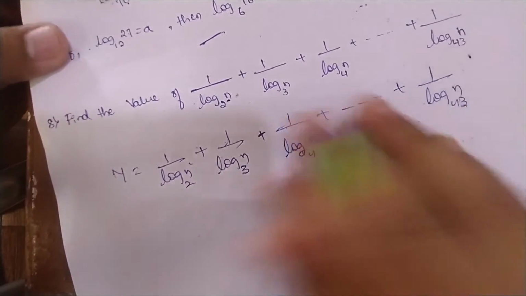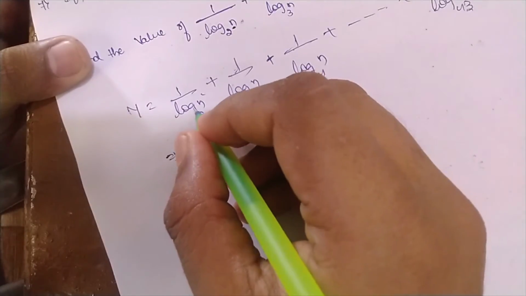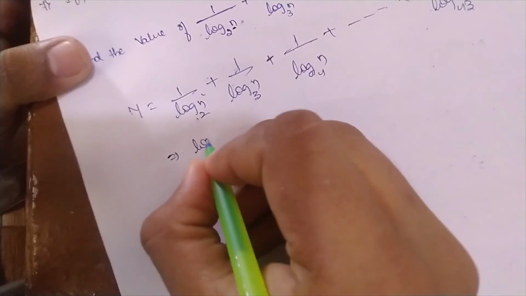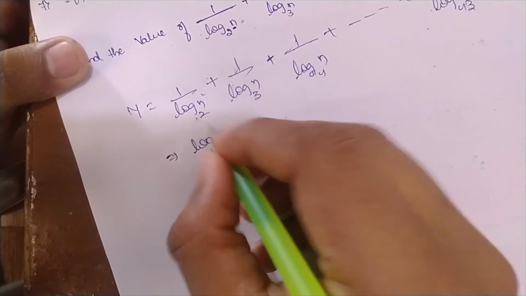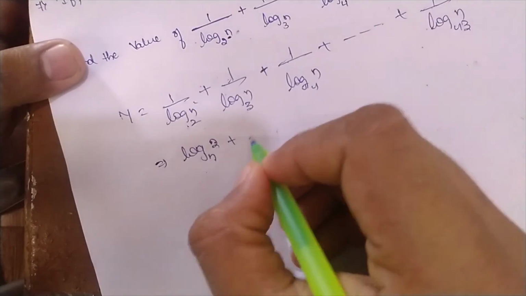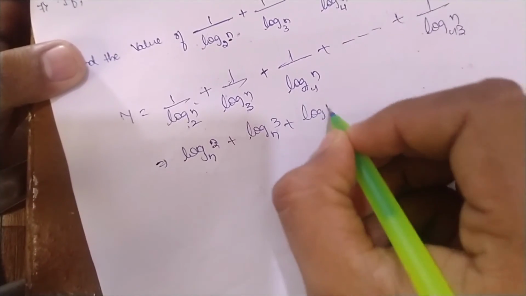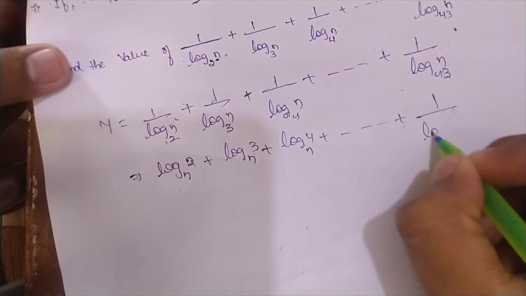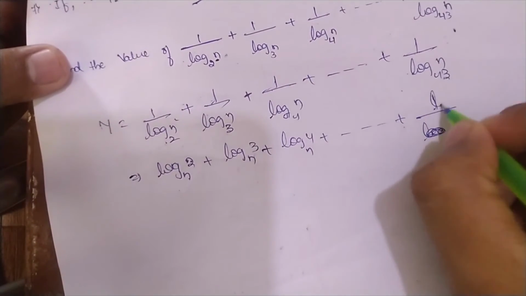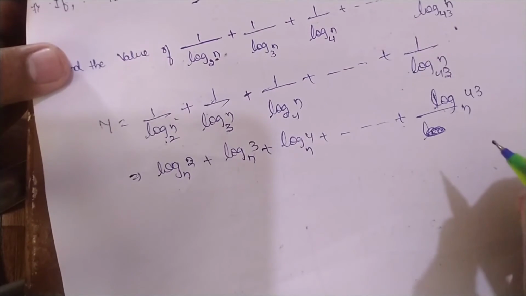Now by changing base, we take it to the numerator, so it will become log 2 base n plus log 3 base n plus log 4 base n and so on, plus log 43 base n, correct.